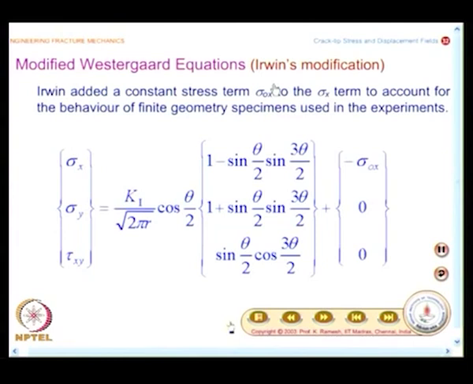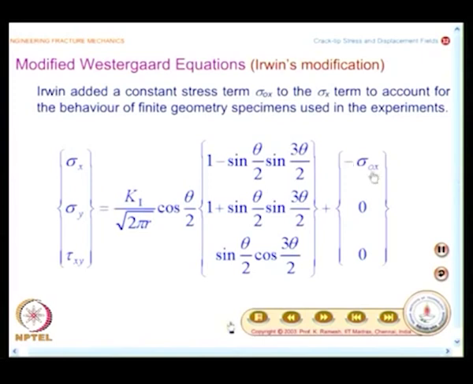Irwin came up with an intelligent argument that you should add a term sigma naught x to the sigma x stress term. He simply added minus sigma naught x, 0, 0, and this he argued because you have this as a biaxial solution. So, in order to compensate for the experiment that they did, which was uniaxial loading, he added this based on simple arguments, not with great mathematical development.